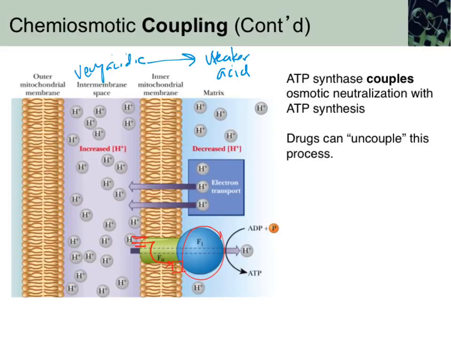Yes? H plus stays in the mitochondria through this whole entire process. It never actually leaves. The inner membrane is impermeable to hydrogen ions. The outer membrane, turns out not. Hydrogen ions can pass freely across that one.